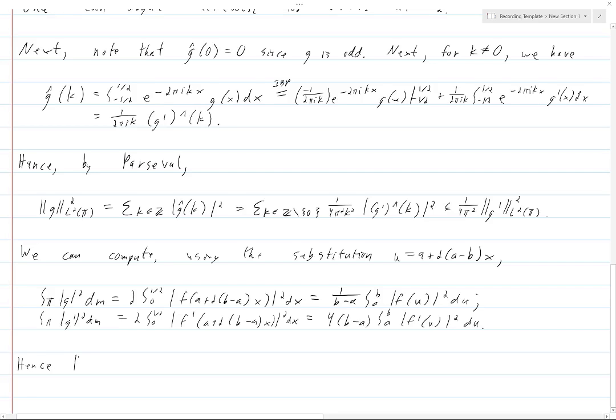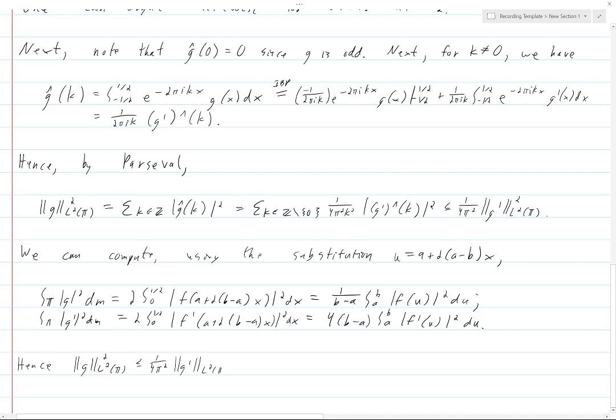Hence, let's see if we can fit this all on here. This is less than or equal to 1 over 4 pi squared times the L2 norm of g prime.